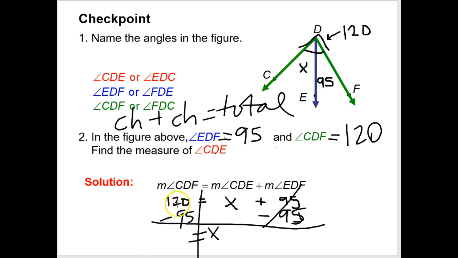To get up to 120, well, 100 to 120 is 20, but we're not at 100 yet, so we need 5 more. So 5, and then another 20. We need 35. So let's double check. 95 plus 35. 5 and 5, 0.